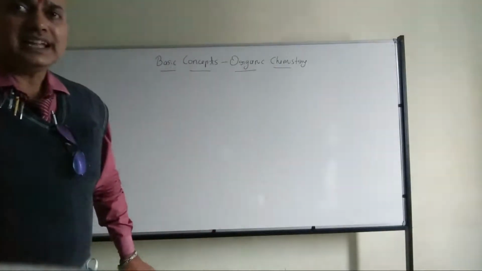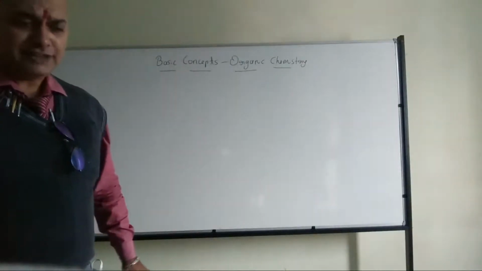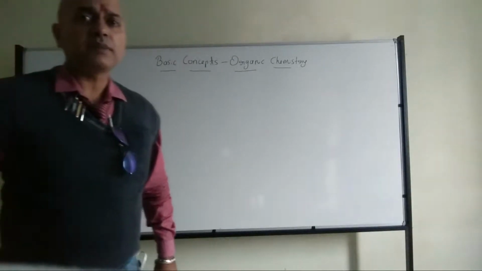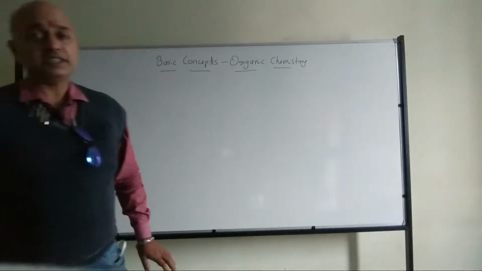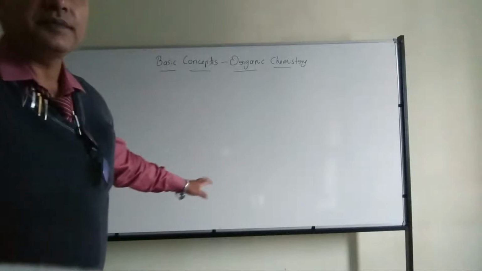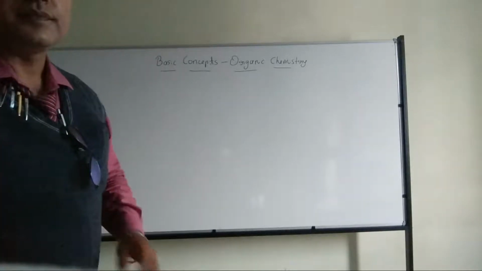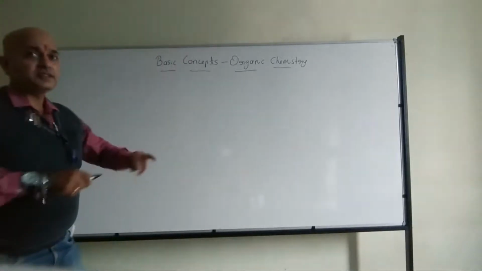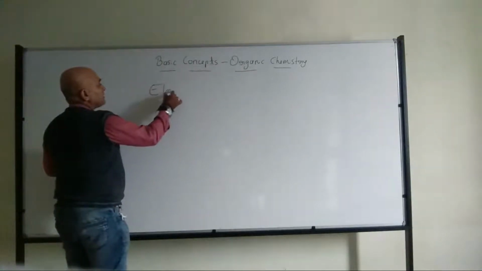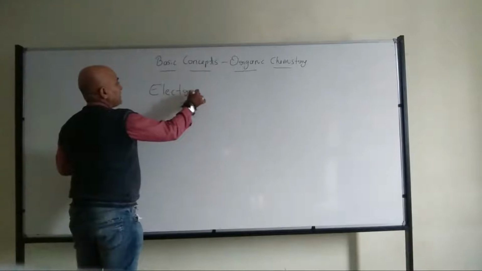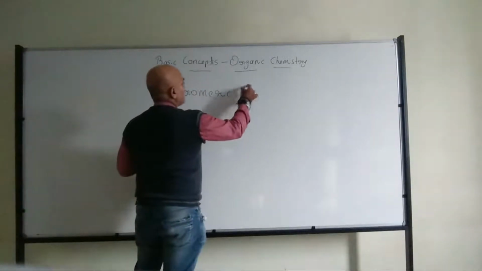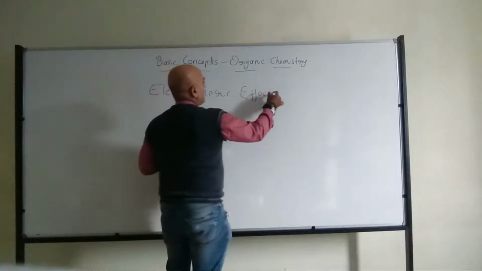Okay, so in that case, shall I move to the next one? That will be the last part of your organic chemistry. But any doubt up to here? Okay. The last part will be electromeric effect.